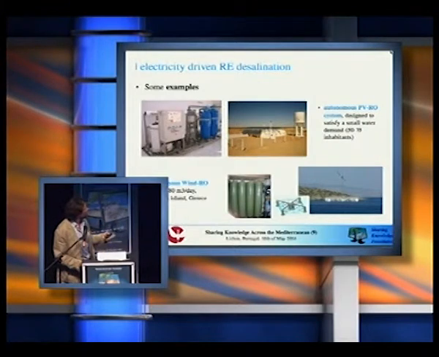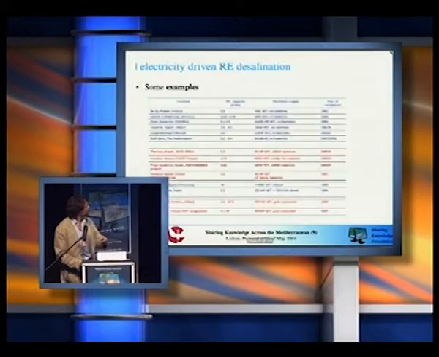Below, we have an autonomous wind power reverse osmosis system enabling the production of 80 cubic meters a day, which is installed in Heraklia Island in Greece. And if we look into a short list of such systems installed up to 2007 to 2008, we see that mostly these systems are small capacity, some of them medium capacity systems.